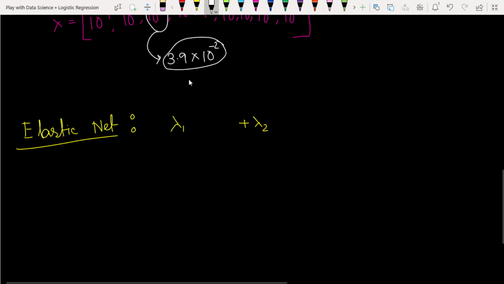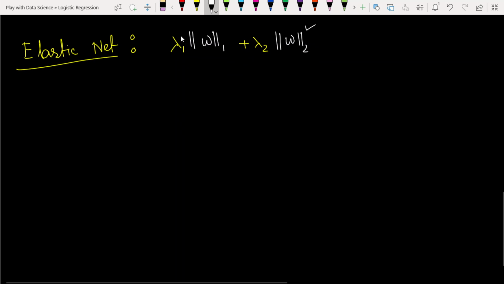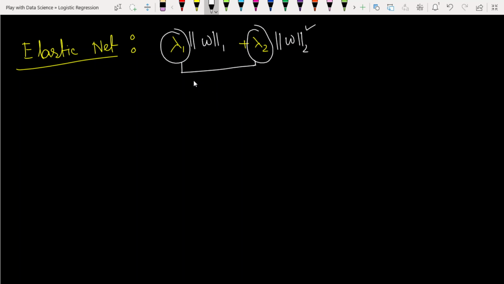Lambda 1 is for L1 regularization and lambda 2 is for L2 regularization. Okay, now in such a scenario we have two hyperparameters, one is lambda 1 and another one is lambda 2.